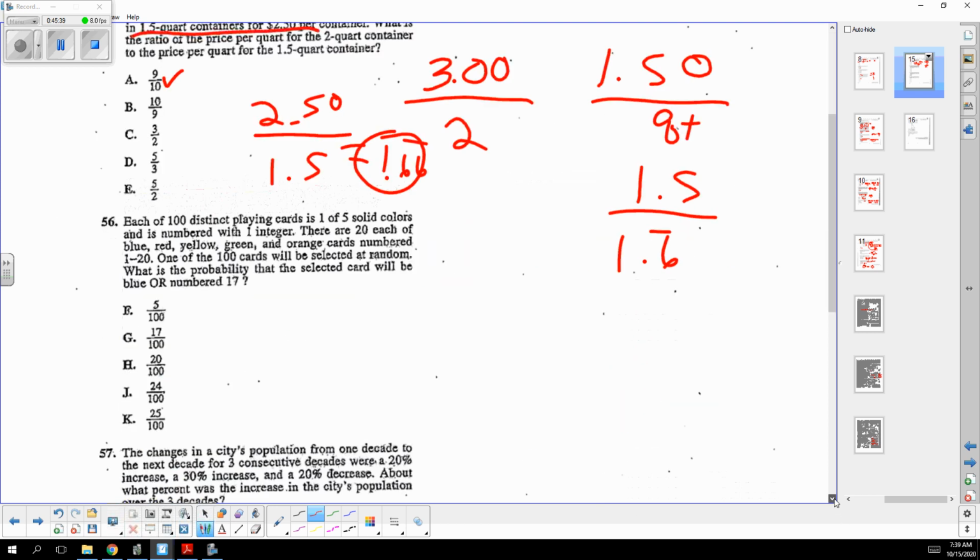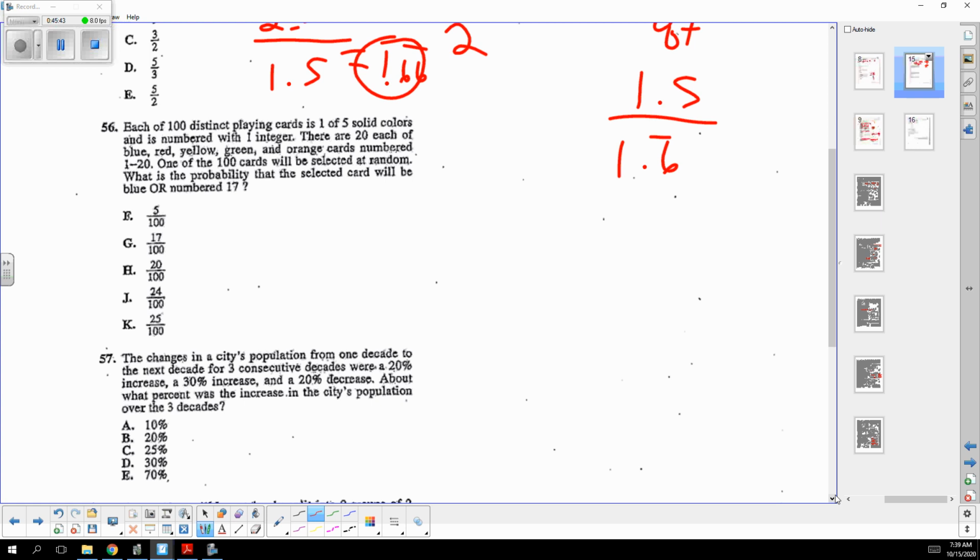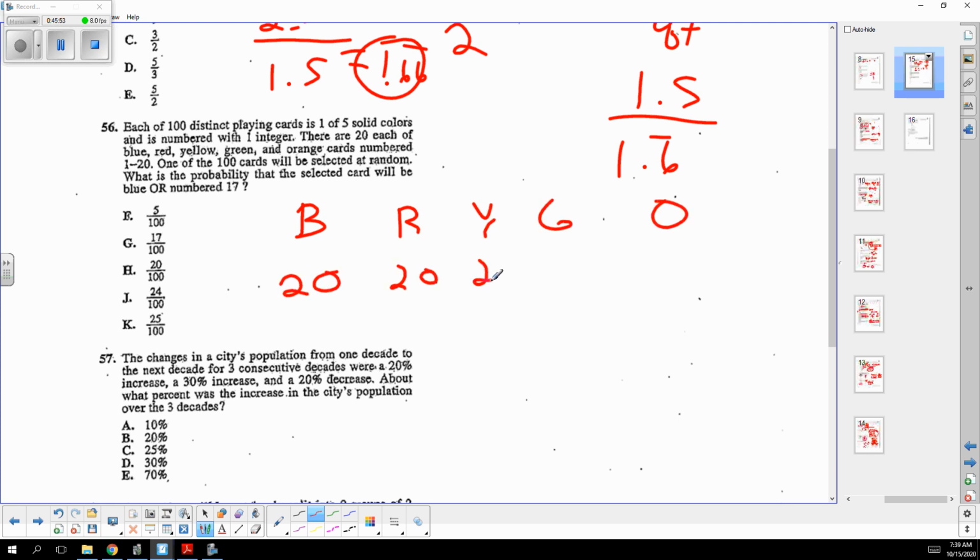Tough problem. There's 100 cards, so I don't have anything to go on, but there's 20 of each, and each has a number marked on it. So it's B1, B2, B3, all the way to B20. So what's the probability of a card having a blue or a 17?